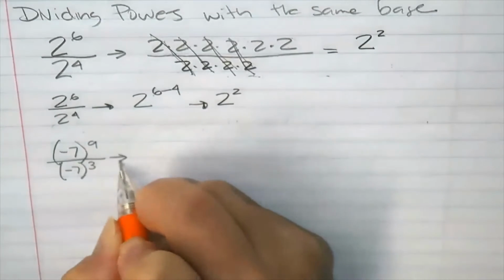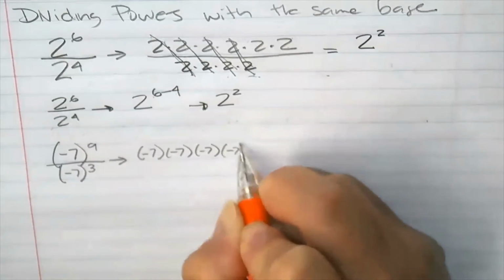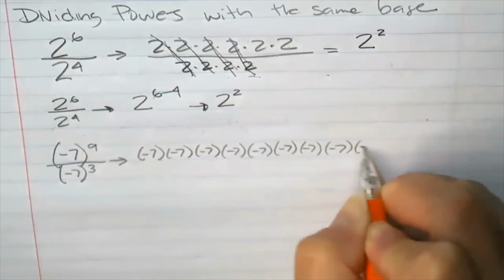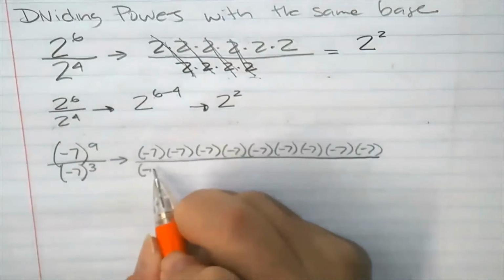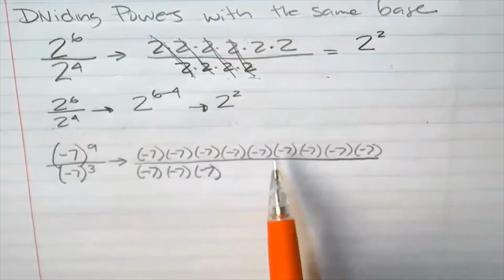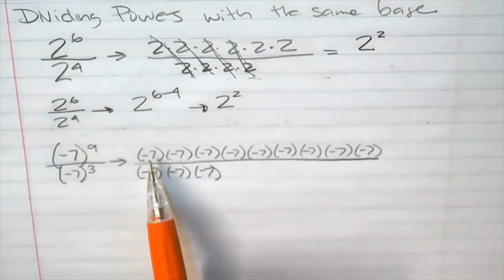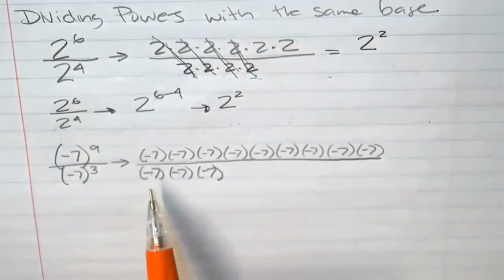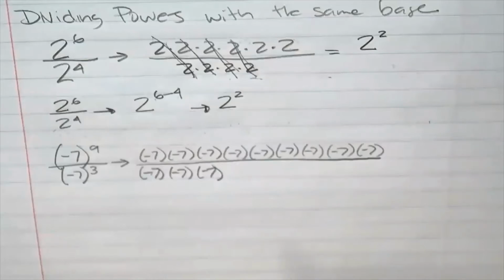So what this is, we have 9 factors over 3 factors. -7 to the 9th power means we have -7 as a factor 9 times. -7 to the 3rd power means we have -7 as a factor 3 times.